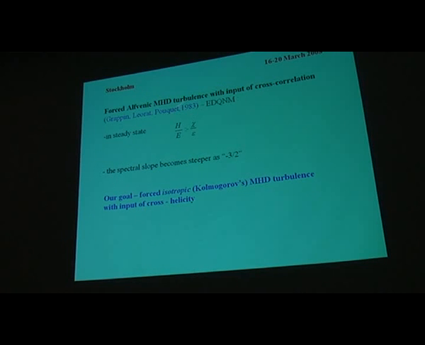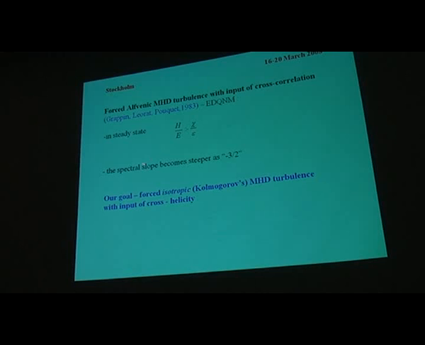Concerning forced turbulence, the problem of the influence of cross-correlation was considered in the paper of Grappin, Leorat and Pouquet in the frame of an EDQNM procedure, but concerning Alfvénic MHD turbulence. Two main results were obtained. The first one: it was shown that in steady state, the ratio of cross-helicity and energy in the system becomes larger than the ratio of the input of cross-helicity and energy.